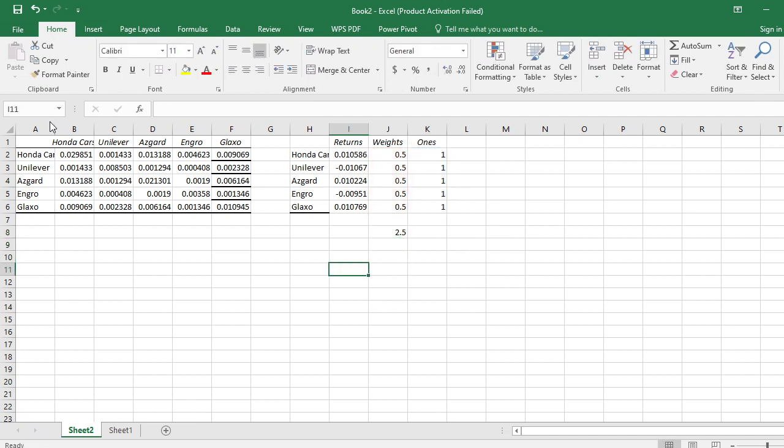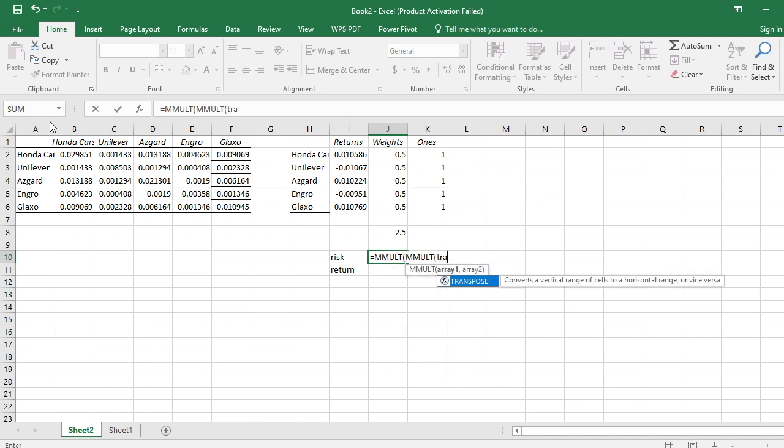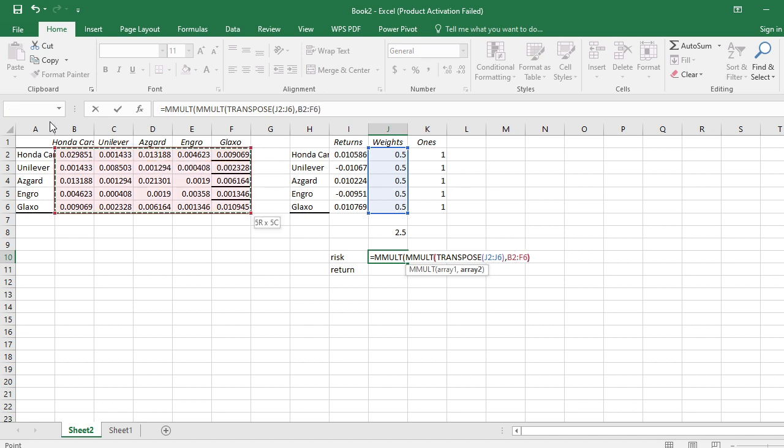It is not 1, but don't worry about that. Transpose of weights. Weight again.